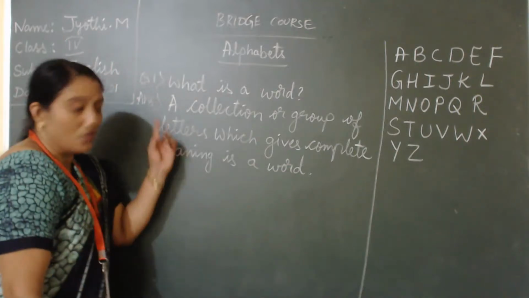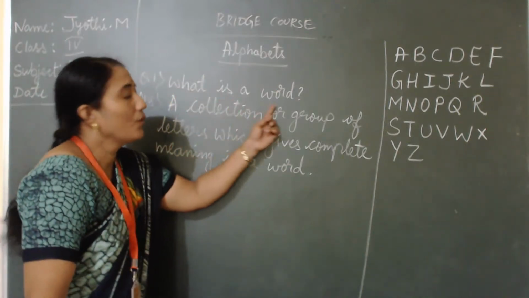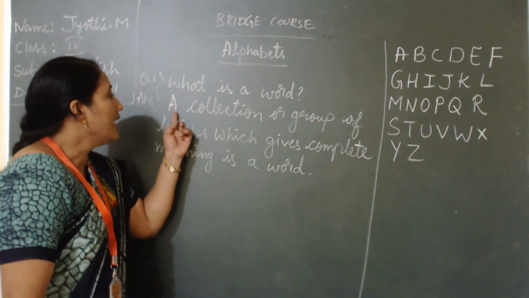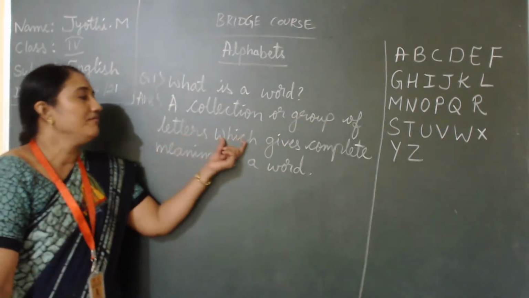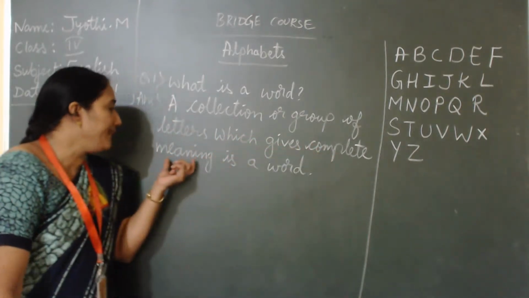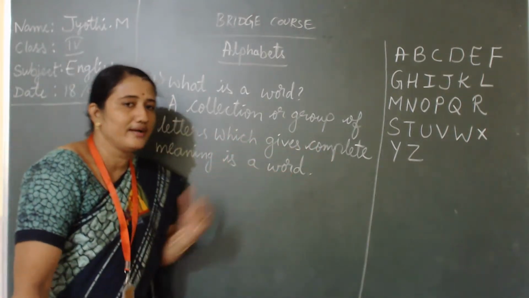What is a word, children? A collection or group of letters which gives complete meaning is a word.